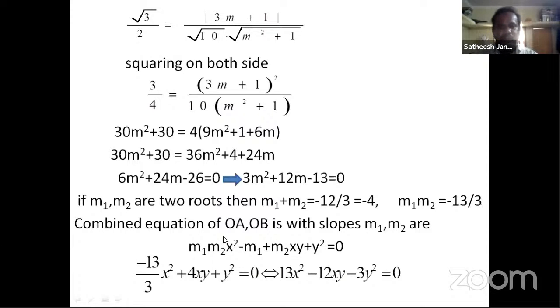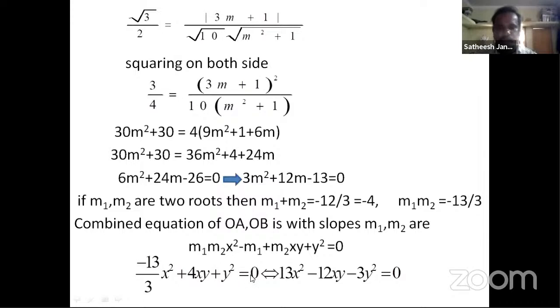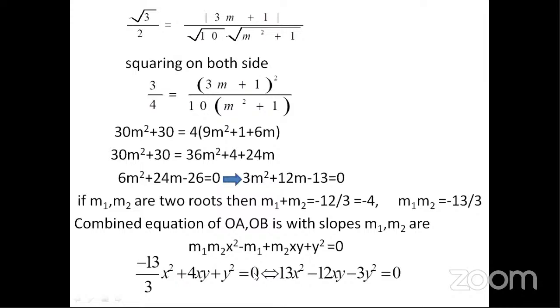The combined equation of OA and OB, with slopes m1 and m2, is m1m2 x² − (m1 + m2)xy + y² = 0. Here m1m2 is minus 13 by 3 x². Next, minus of (m1 + m2), where m1 + m2 is minus 4, gives minus into minus, plus 4xy, plus y², equal to 0.